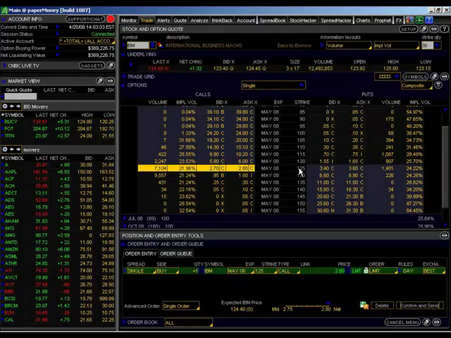Because you could immediately exercise your option, or sell your option, and pocket the difference between $125 and $145, where the stock is currently trading. That's $20 of profit.